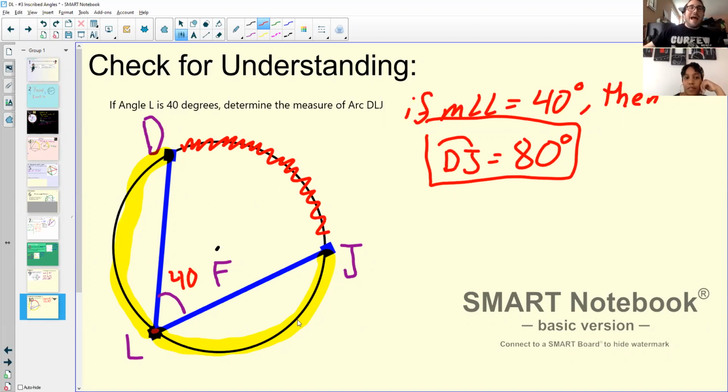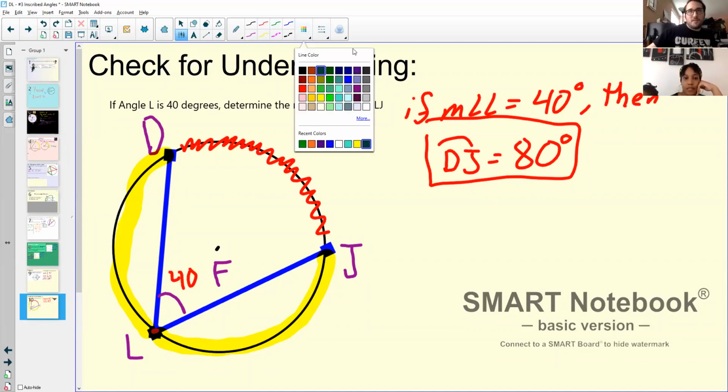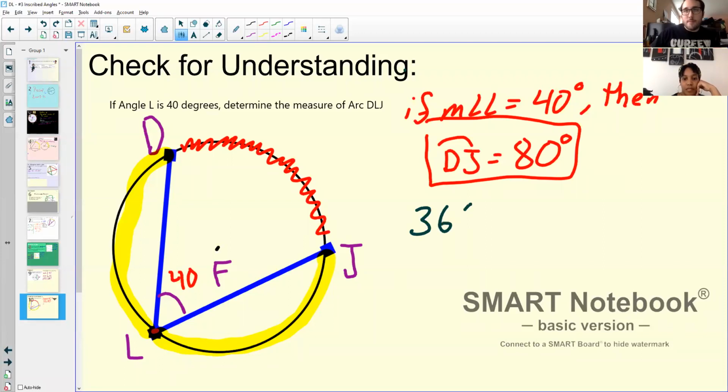So what do we know about a full circle? The angle measurement of a full circle adds up to what? 360, right? I want this yellow piece. So if I know this red piece, how can I get rid of the red piece so I have what's remaining?